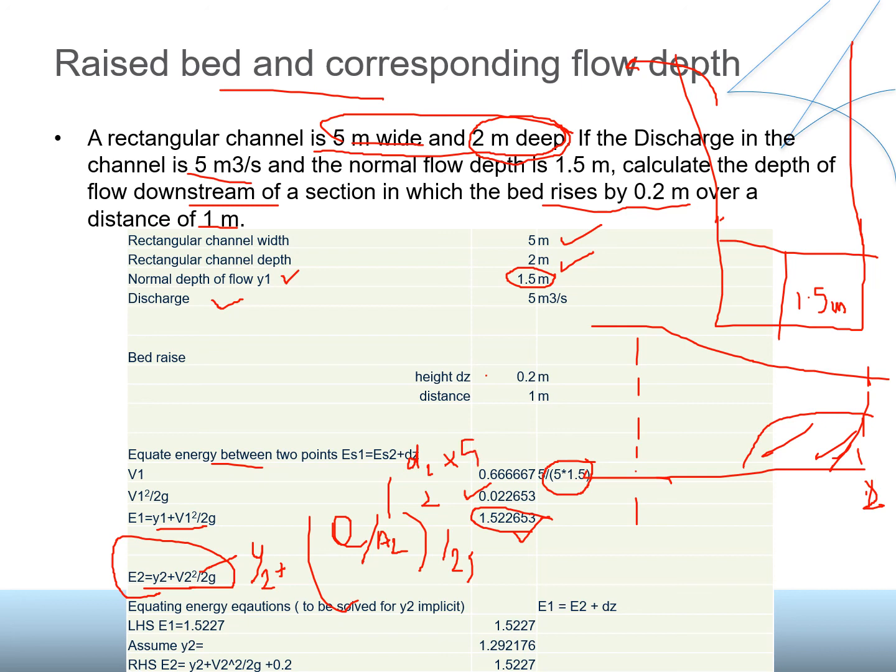So in this equation the only unknown is d2. We will have all the information and we solve for d2, and you get d2 around 1.29, and that makes the left hand side and right hand side equal, but you can use any other technique to solve for y2, and that will be the depth of flow downstream of the section.